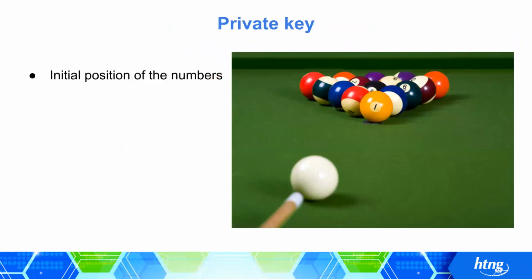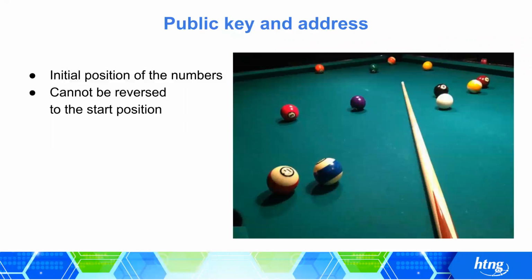How can we explain how it works under the hood? We can compare the private key with the start position of balls on a billiard table. Only the owner knows these position numbers on the table before knocking them. We can compare it with the private key.